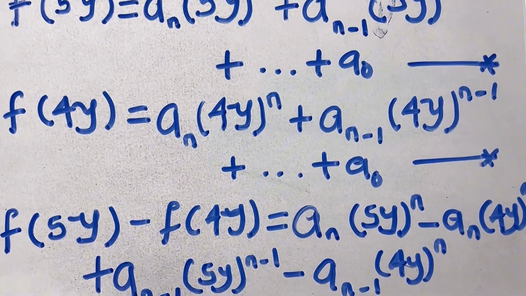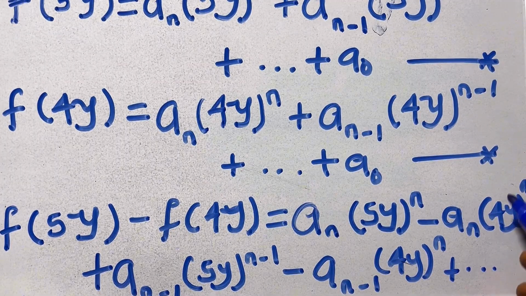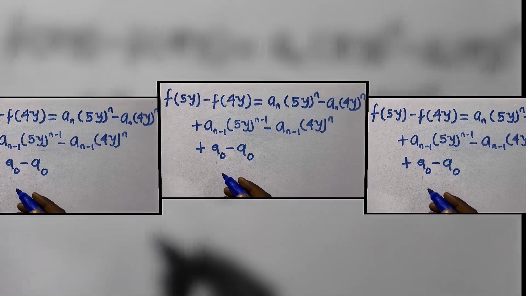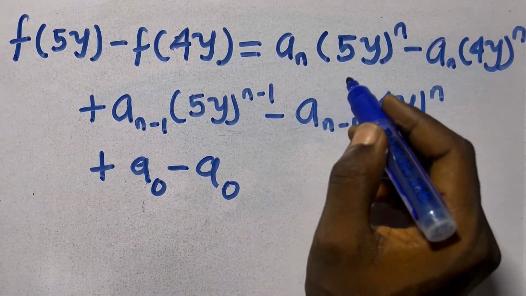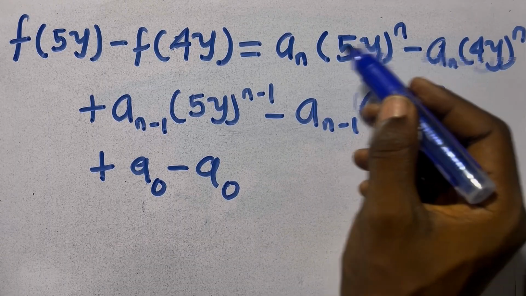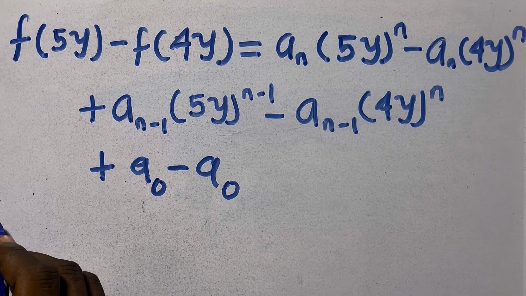But we are going to realize something here: if this continues, we are not going to have a naught again, because a naught minus a naught is zero. But let's write it so it is easy for us. If you observe, we have a subscript n in common, so we can easily factorize that out.